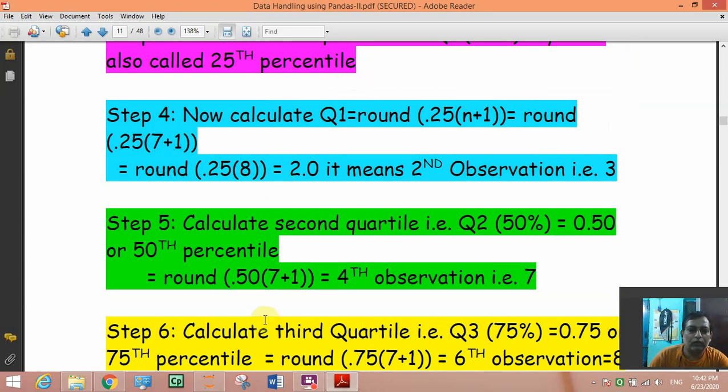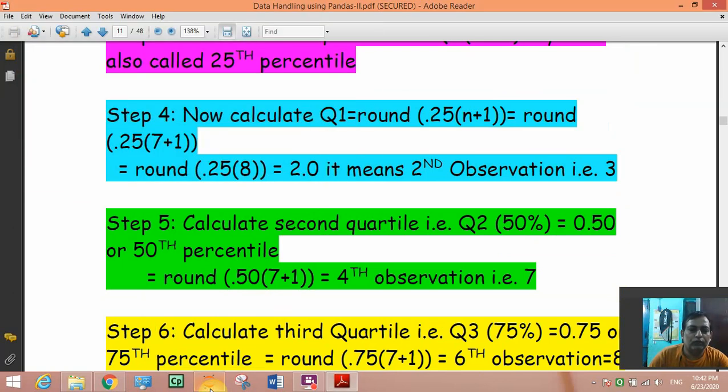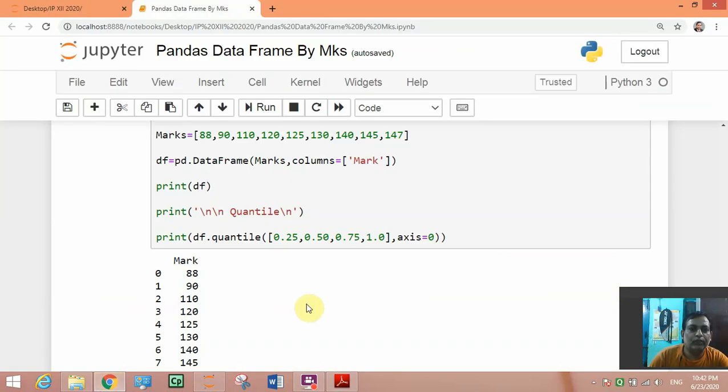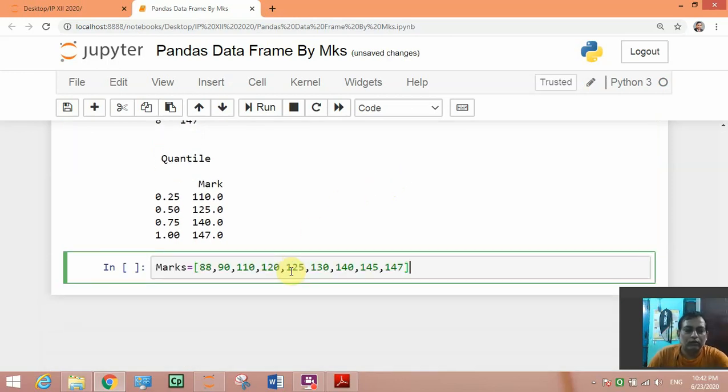Now we will see with the help of an example in programming. So I will start Jupyter, and suppose this is the marks obtained by students.